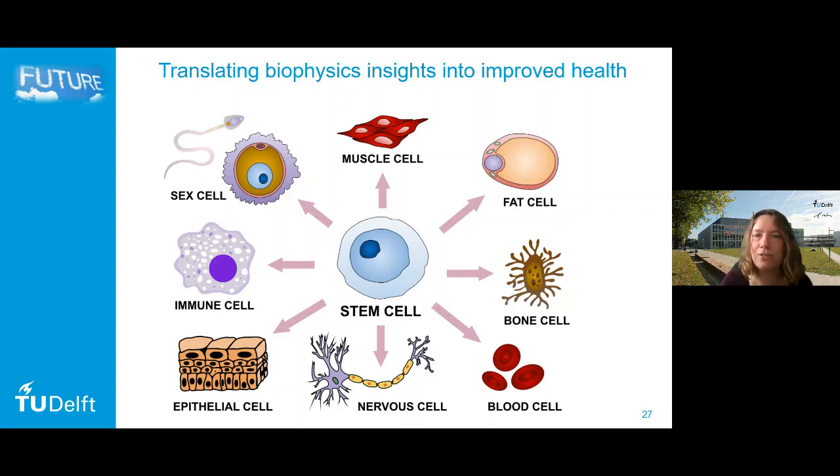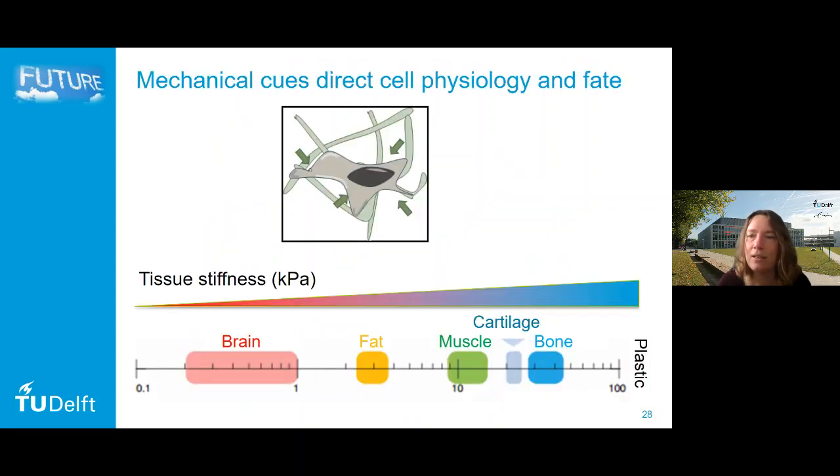So stem cells are cells that are able to differentiate into all the different cell types in your body. And traditionally, people think that they need some biochemical factors, some growth factors to induce stem cells to differentiate. But more recently, it has become clear that stem cells can also be triggered by mechanical cues.